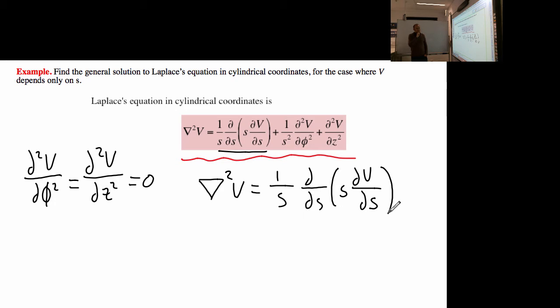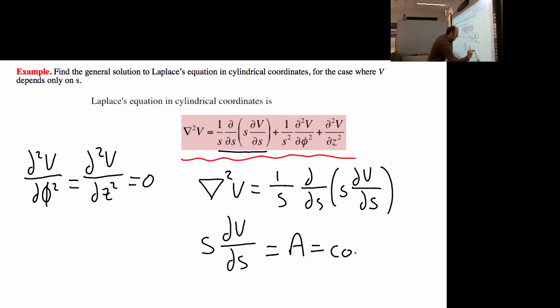So the solution of V for the second order potential equation must satisfy the following first order equation, where we have s dV/ds equal to some constant which we're going to call a.